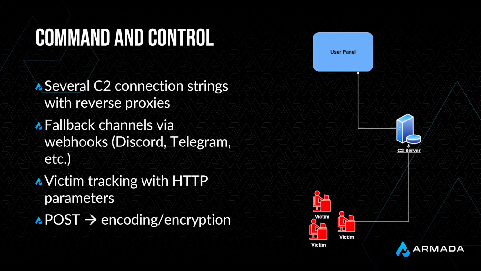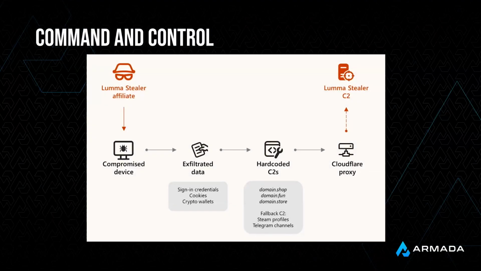I mean, older versions may have used FTP or something like that, but pretty much they're all using web protocols, with POST requests, and implementing some sort of encoding or encryption to the zip files to make sure they're not detected going outbound. Nothing too crazy there. Basically followed the same pattern that a lot of malware does.